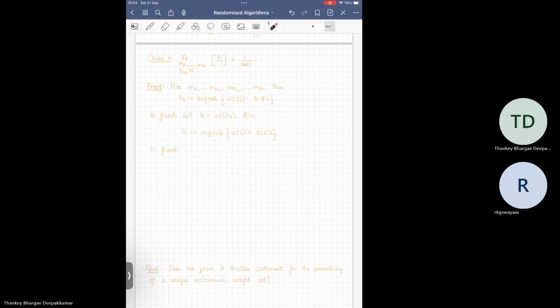So the weight of that set is fixed. And since the weights of all the sets are fixed, I just have to pick any set with the minimum weight, and that is my S2. That is what I mean by fixed.